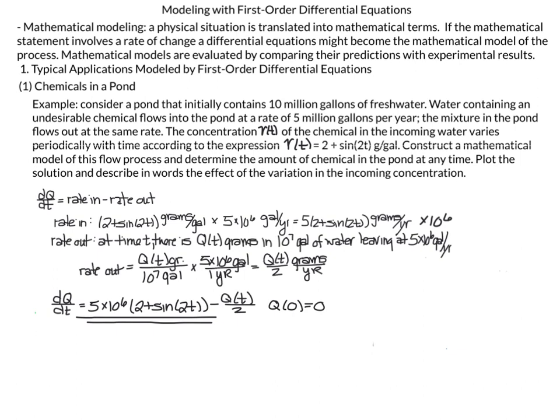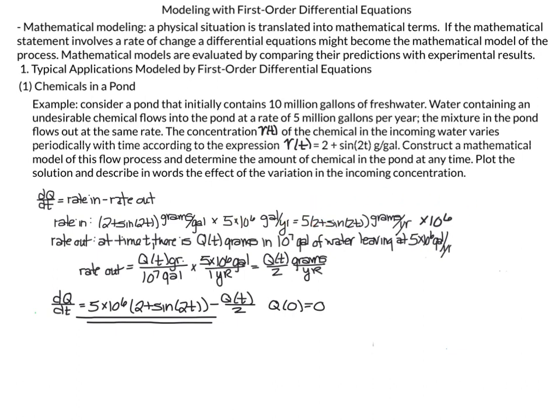Again, this is actually very similar to the first one where water was in a tank. So dQ/dt, Q being the amount of chemical, is equal to rate in minus rate out. The rate in is 2 plus sine 2t grams per gallon times 5 times 10 to the 6 gallons per year.